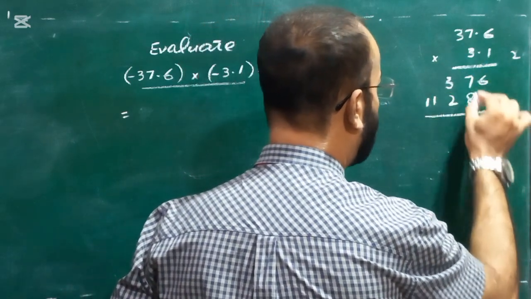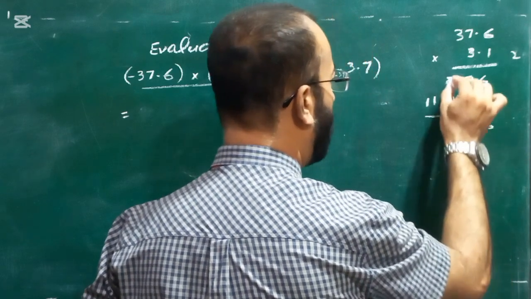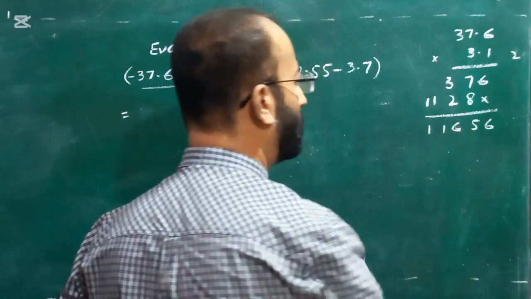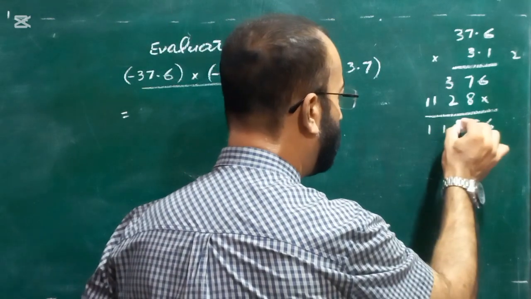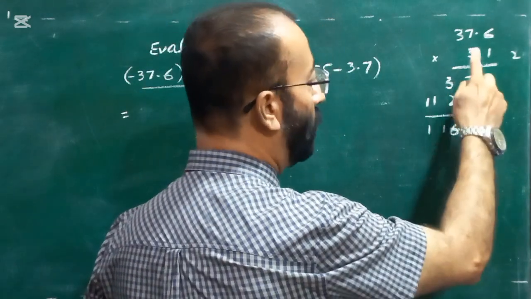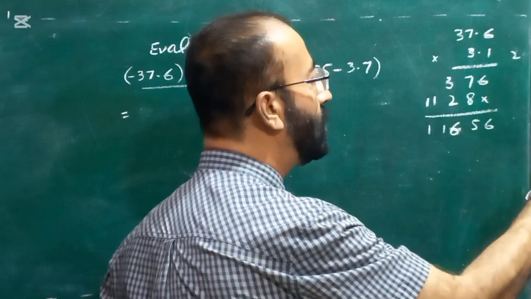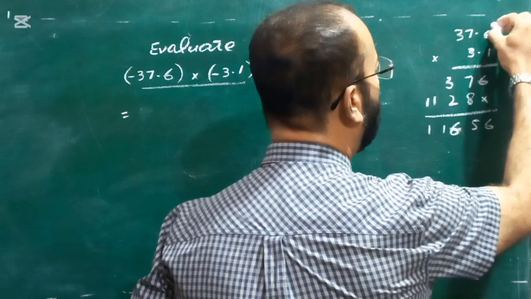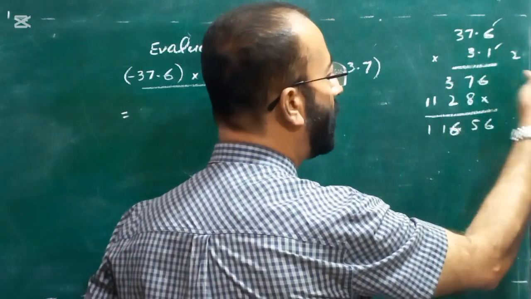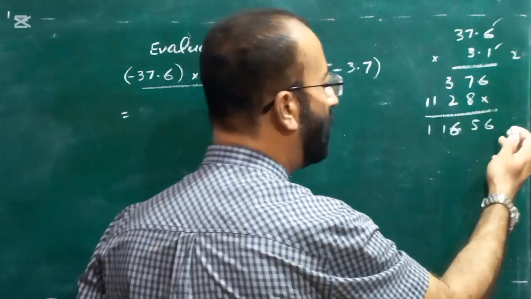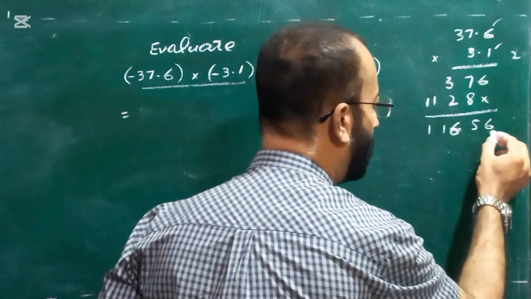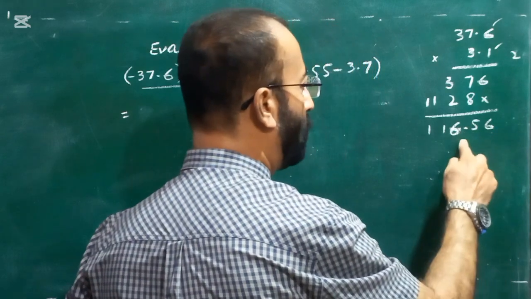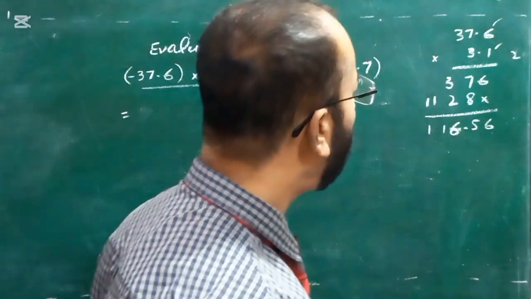So 6, 7 plus 6, 13, 1 carry, 4 plus 2, 6, 1 and 1. At this stage you will note how many digits are to the right side of the point. Look, 1 and 2 digits are to the right side of the point. So from the right side we put a point after 2 places.